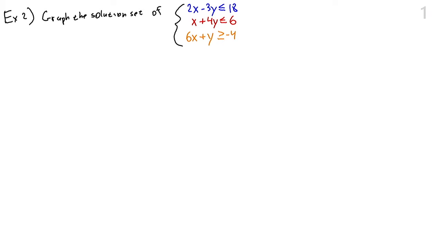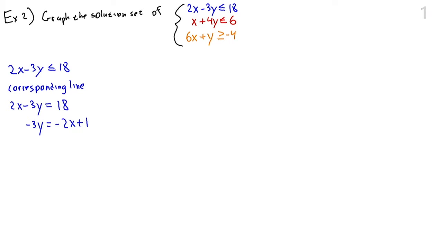So we're going to start with the first one, 2x minus 3y less than or equal to 18. Again, we find the corresponding line. The corresponding line is 2x minus 3y equals 18. We put this in slope-intercept format, and we get that the line is y equals 2/3 x minus 6.